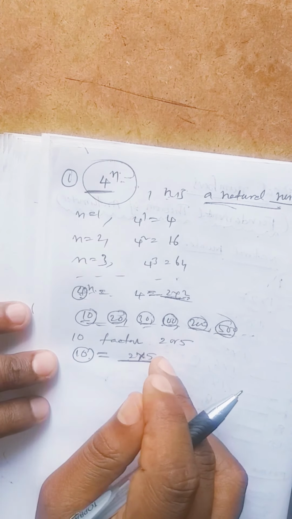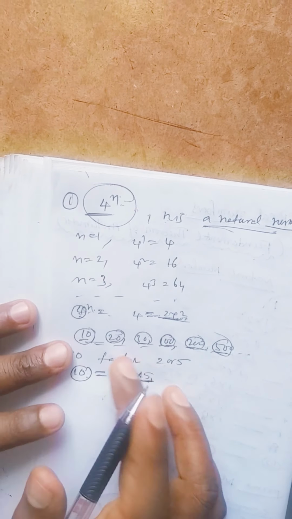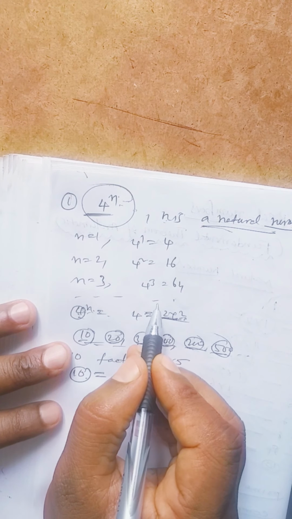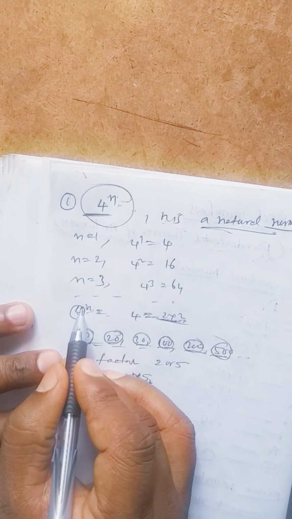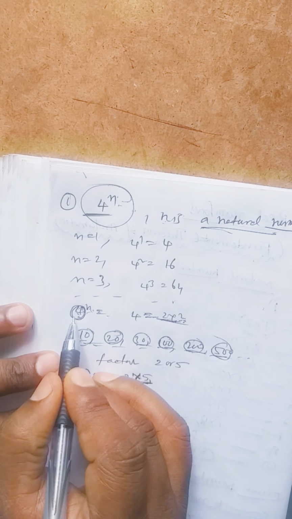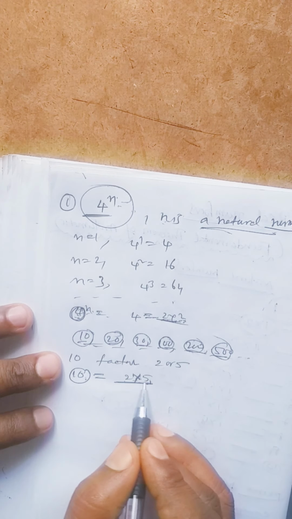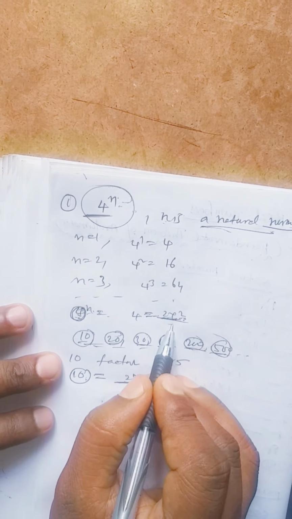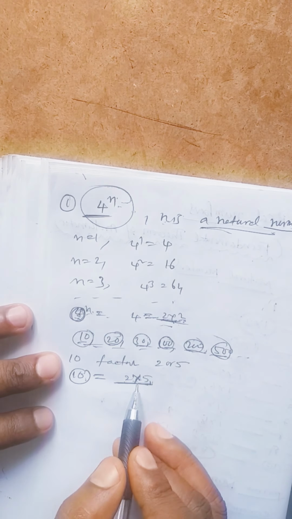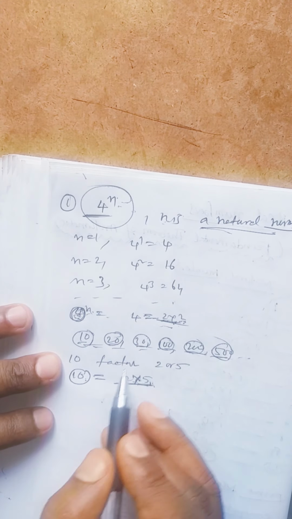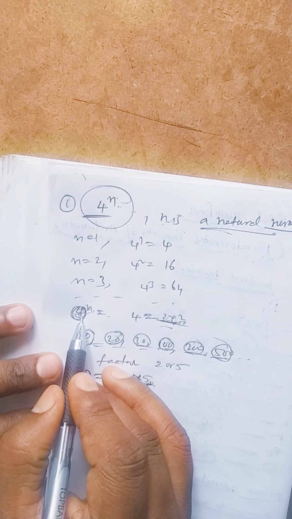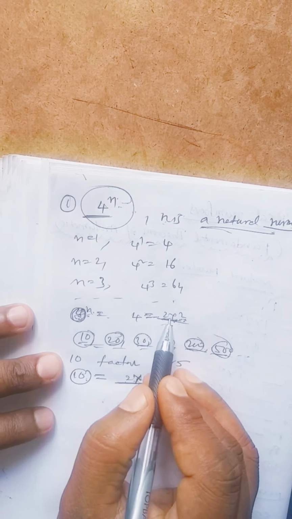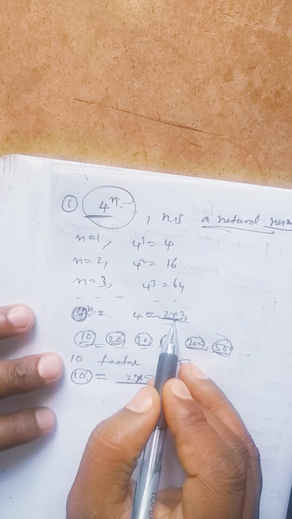Otherwise, it never ends with 0. Similarly here, whatever the power is, it's not important, but the base should have the factors 2 and 5, and only then does it end with 0. Since 4 has only the factor 2 and no factor 5, 4 power n does not end with 0 for any natural number n.